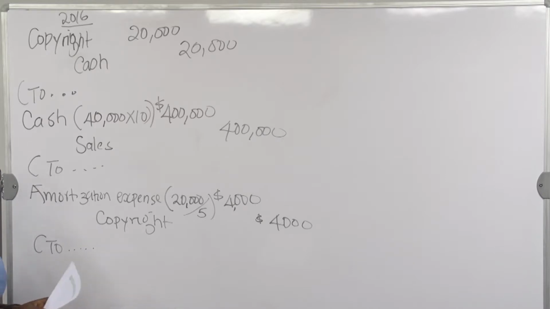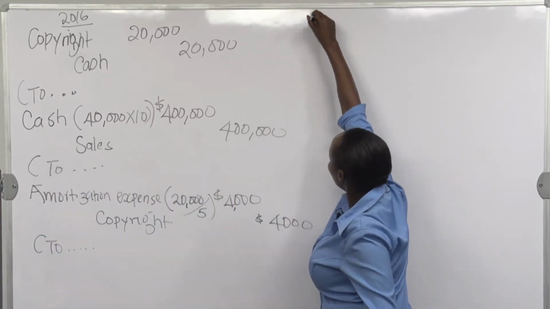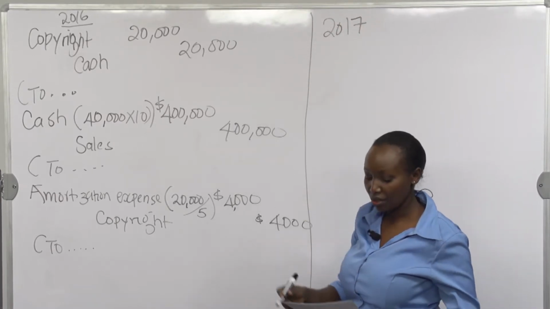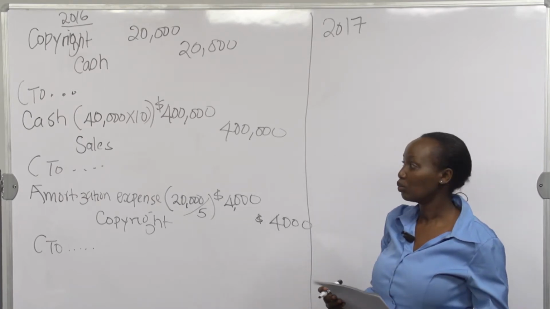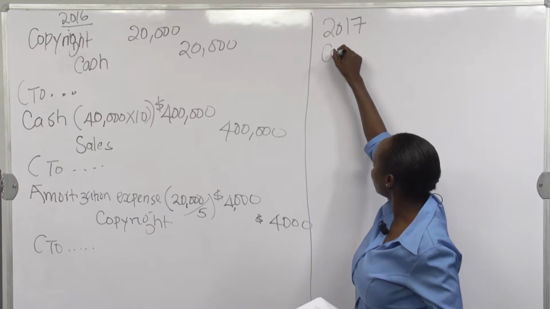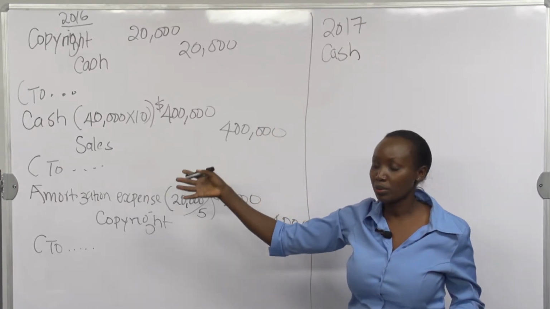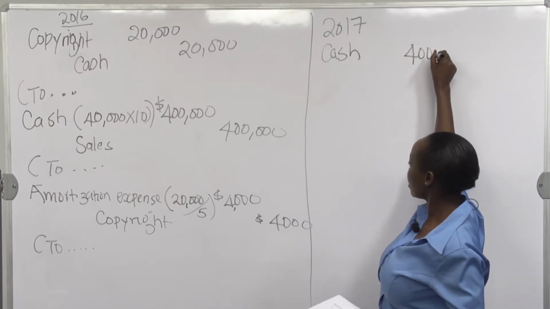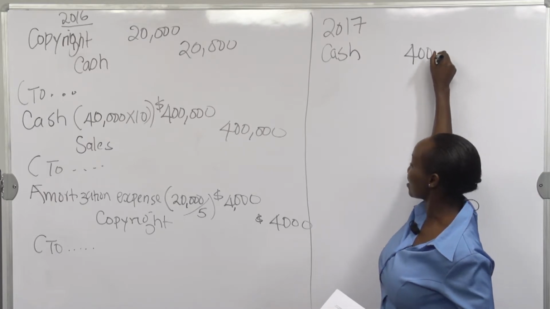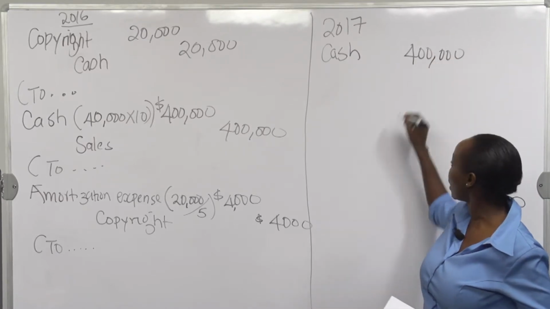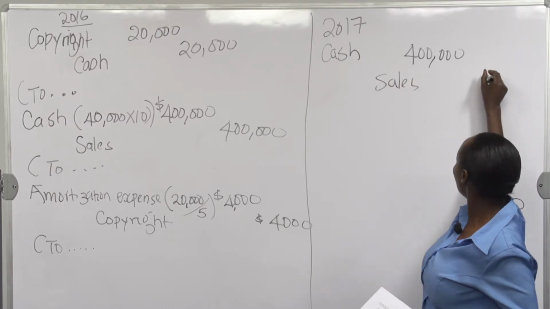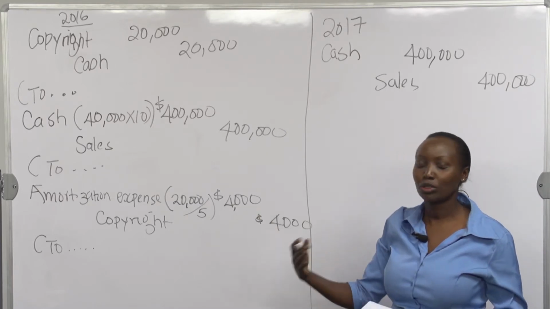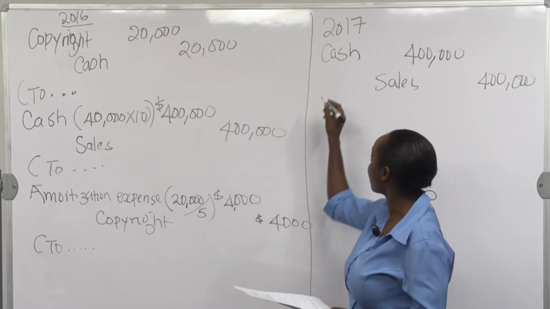In 2017, we do similar recording. First, we record the revenues. So we have cash. Since we expected that the sales are even, we have the same sales as last year: 40,000 books times 10, so $400,000, and we have sales of 400,000. Similarly, we have an amortization expense for 2017.